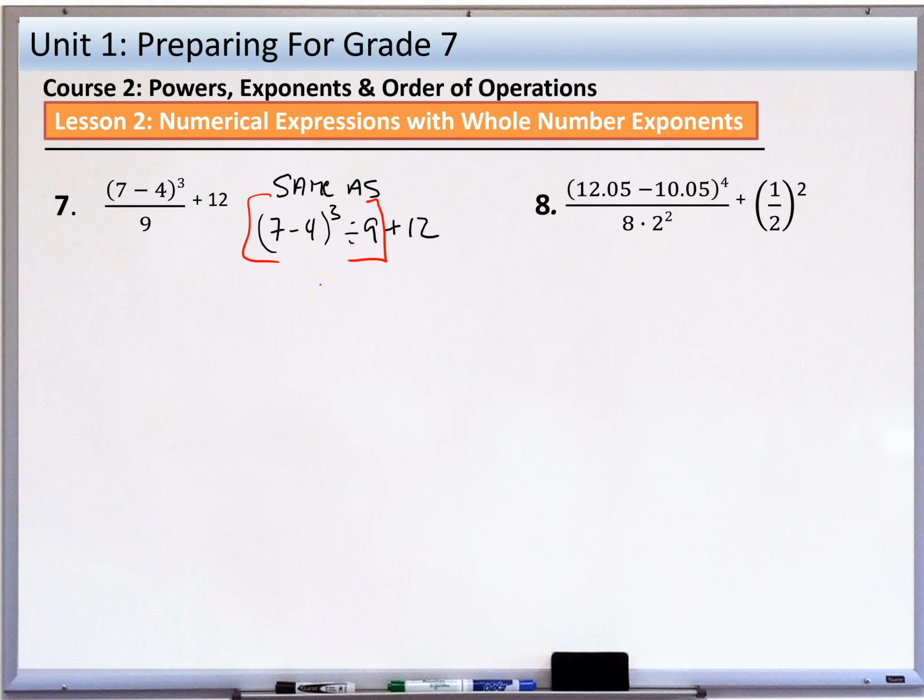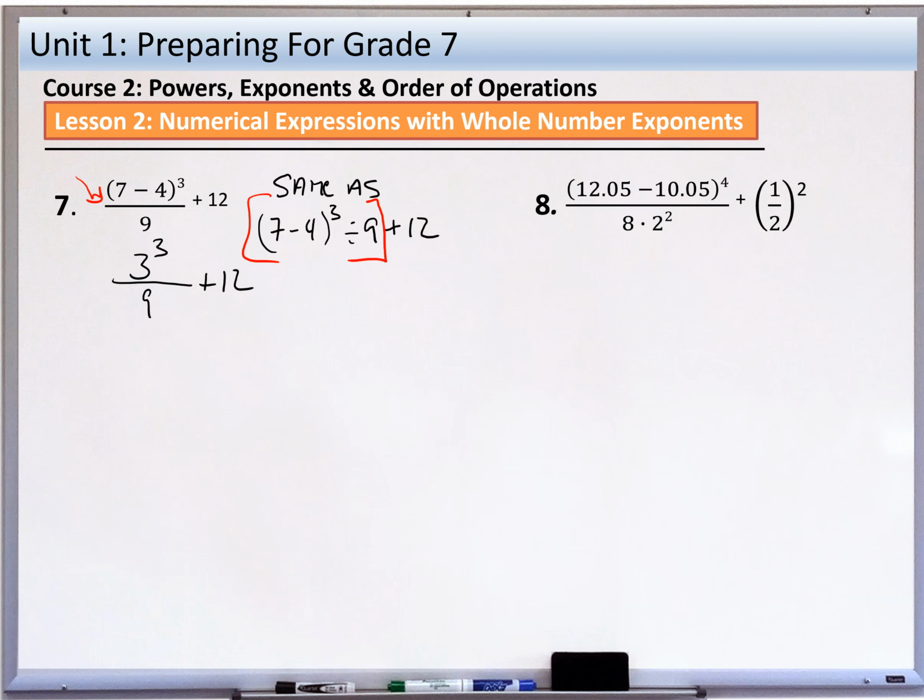Whenever you see this is division, so it's basically this divided by this, and when you're done, add 12, because addition comes after division. So 7 minus 4 is 3. I have to raise that to the power of 3. And then divide it by 9 and add 12.